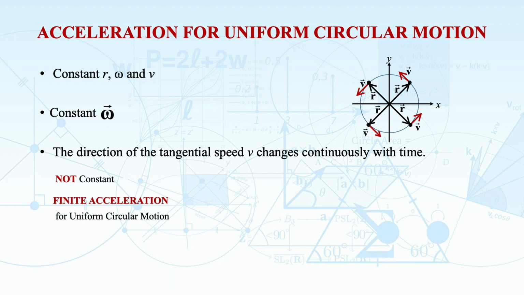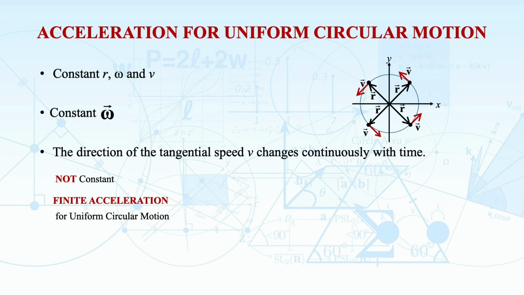So then what does change? What changes is the direction of the linear velocity, which is tangential to the radial vector at each point of motion. You can see in this figure that depending on the position of the particle, the velocity vector, which is at right angles to the radial vector, has a different orientation at every instant of time.